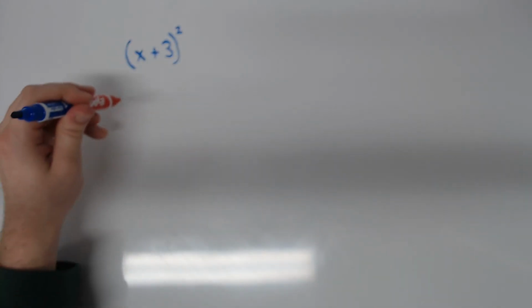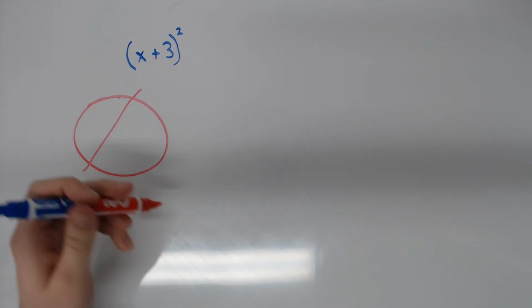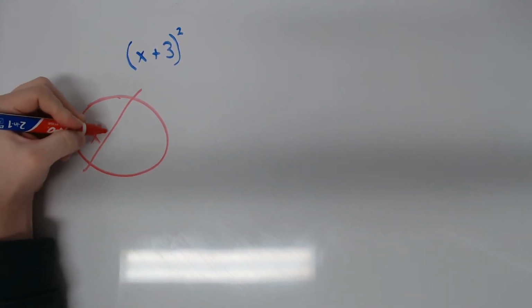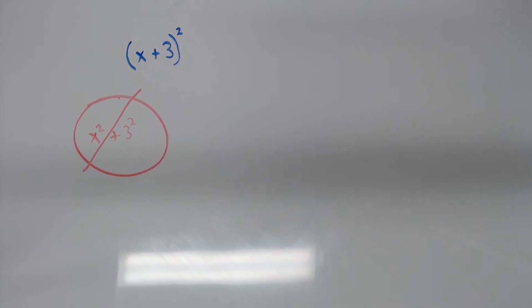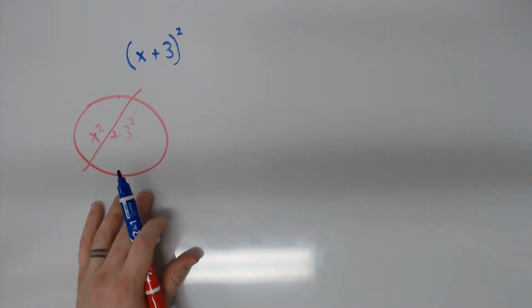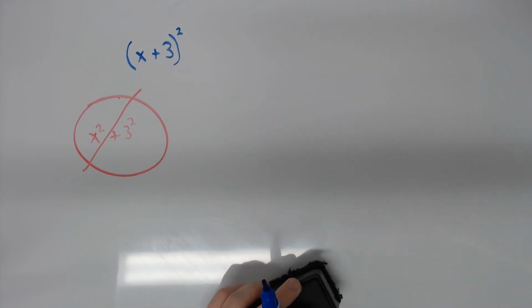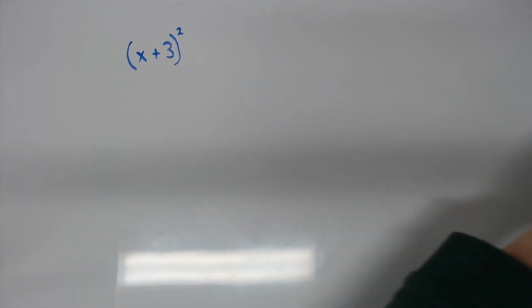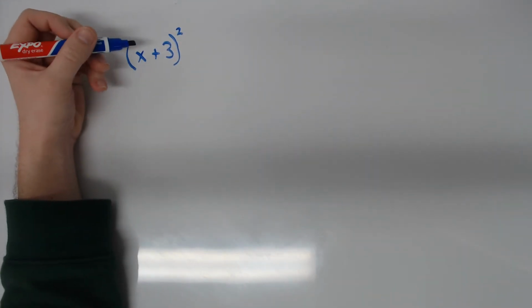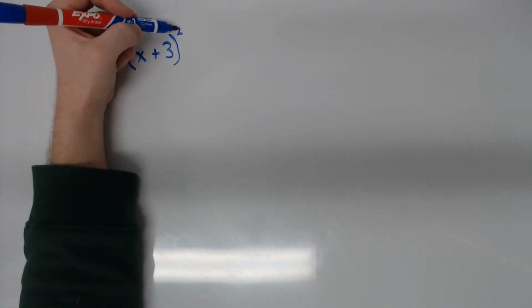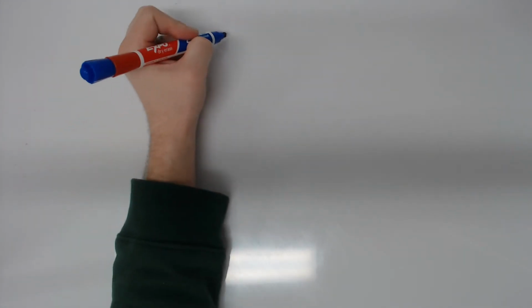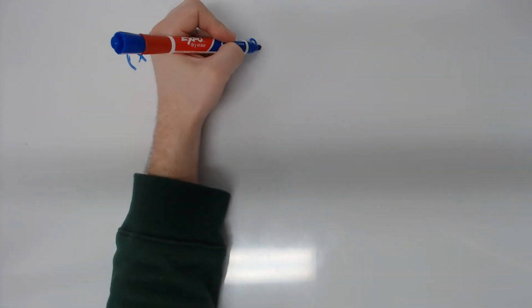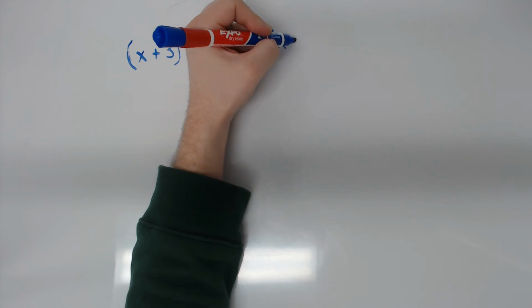So this is not x squared plus 3 squared. So we need to get that out of our minds. We want to go back to the original meaning of exponents. Repeated multiplication. The squared means multiply this by itself twice. So this means x plus 3 times x plus 3.